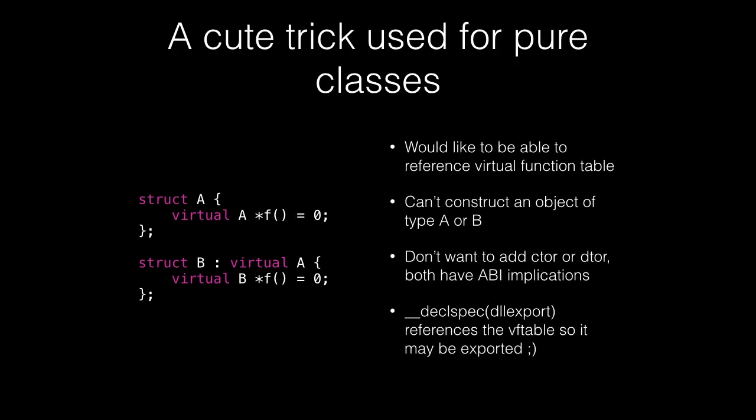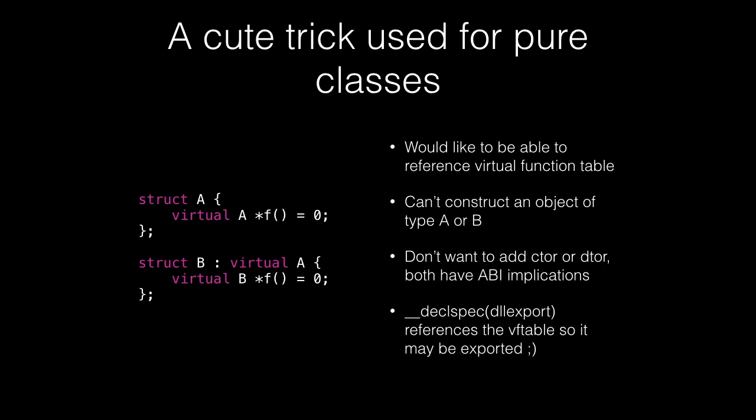Things get a little bit trickier if you want to figure out the layout of things which are pure, because you can't actually construct a pure type. It'll say, sorry, you can't allocate an object of this type. It's pure. But you can do a tricky thing where you use declspec dllexport.